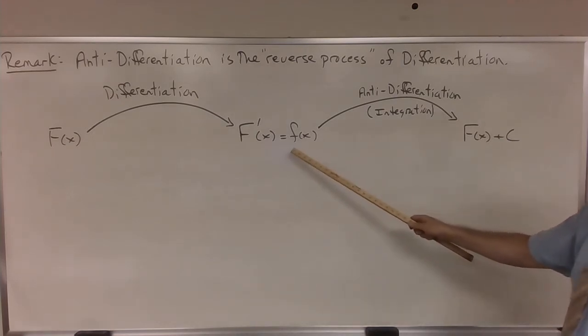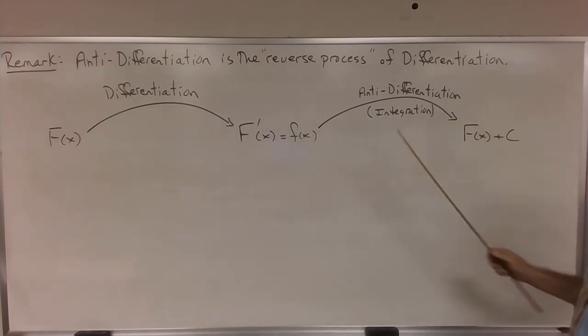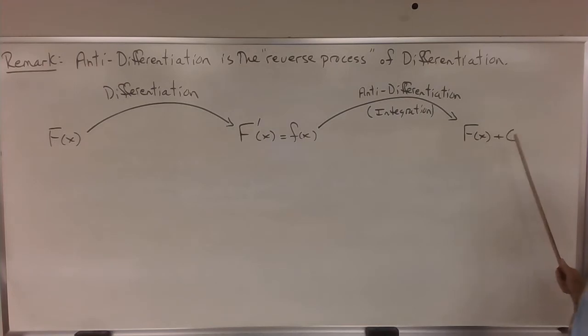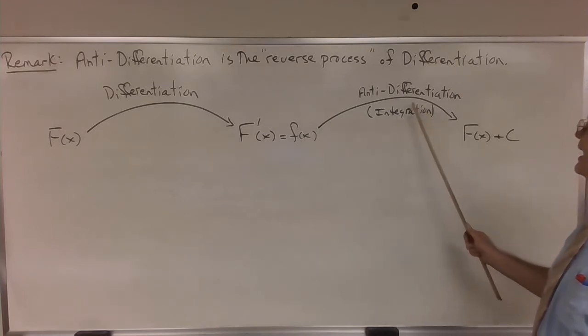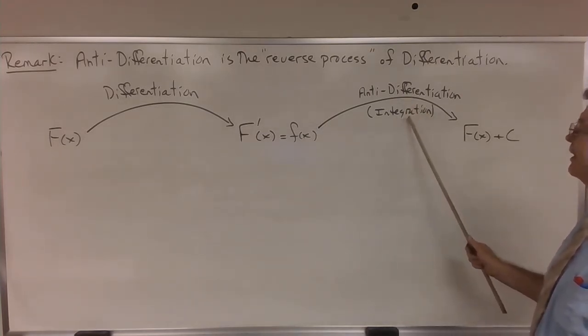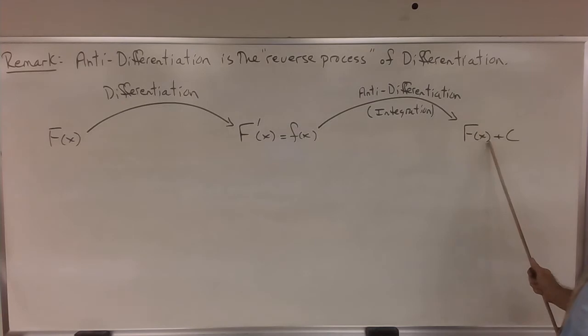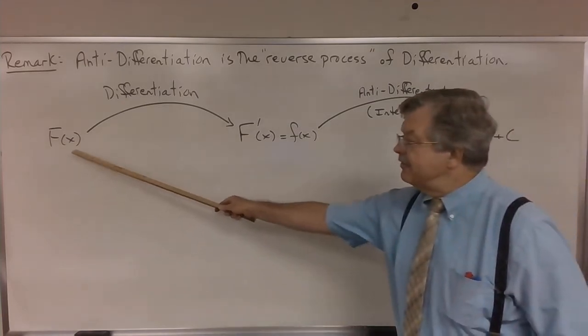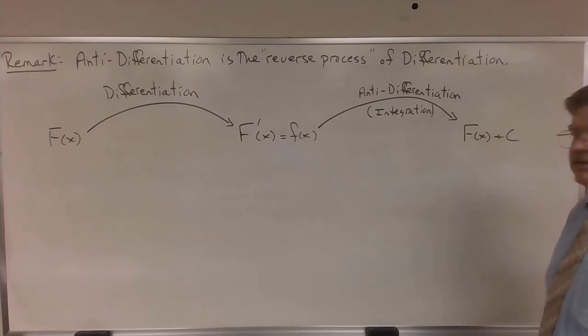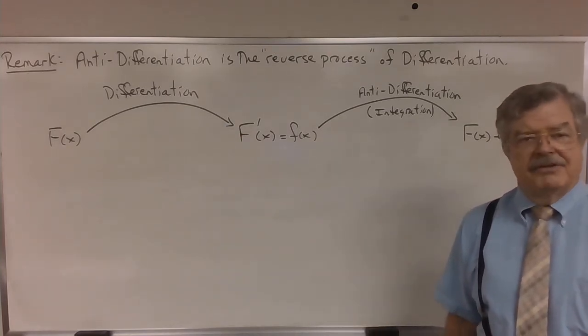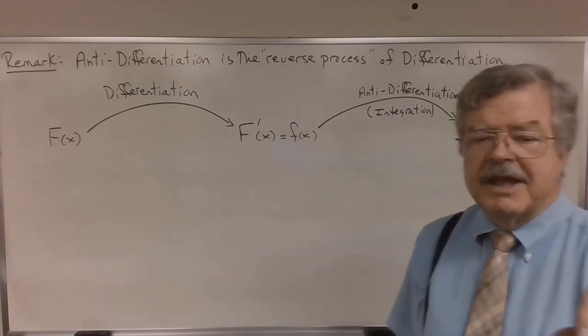Well, the antiderivative of little f of x is capital F of x plus some constant. So if we differentiate and then antidifferentiate or integrate, we get back what we started with, up to maybe a constant term. Now suppose we do these operations in the other order. Let's take a look.